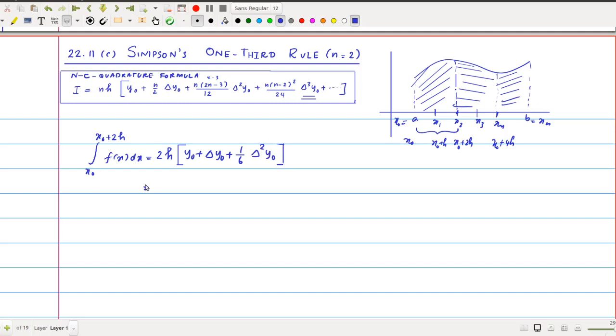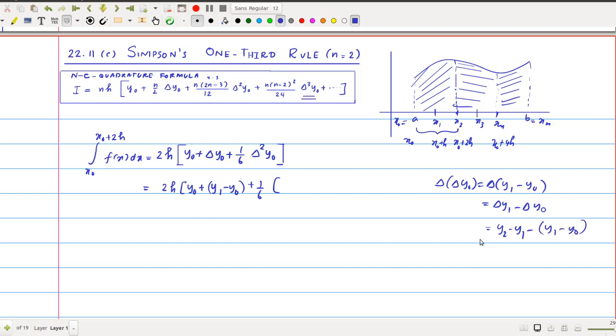So we can simplify this by taking the LCM. First of all, we write this as 2h times y0 plus delta y0, that is y1 minus y0, and 1 by 6 times delta square y0. Delta square y0 is obtained by delta of y1 minus y0, that is delta of y1 minus delta of y0, which is y2 minus y1 minus of y1 minus y0.